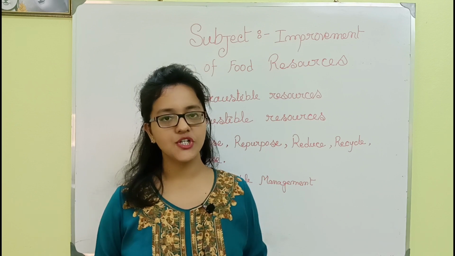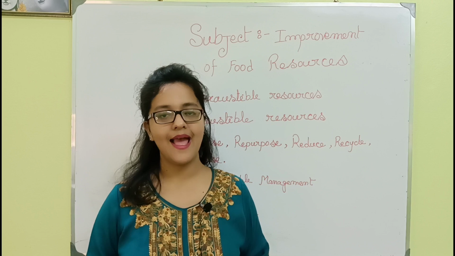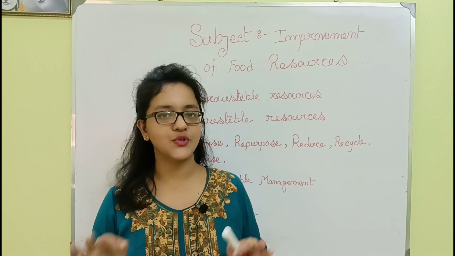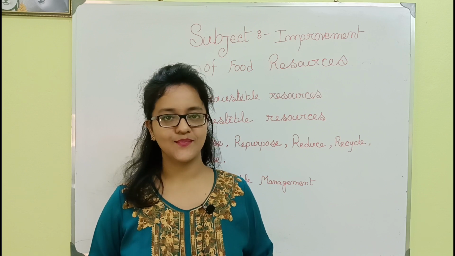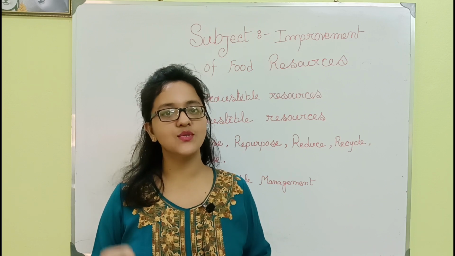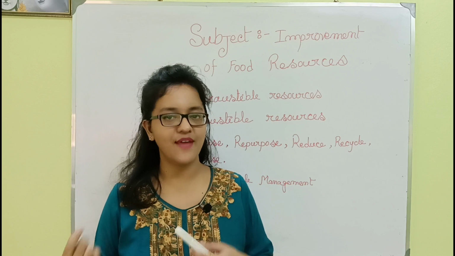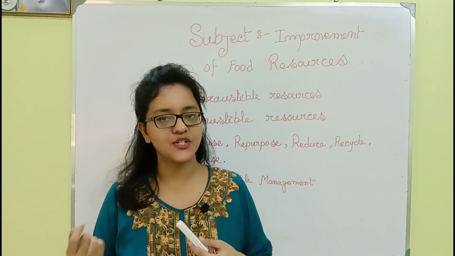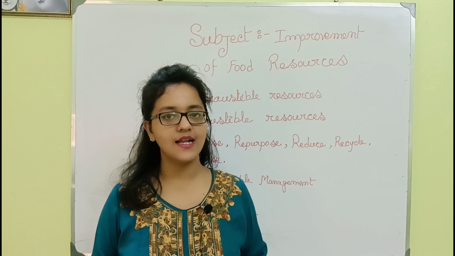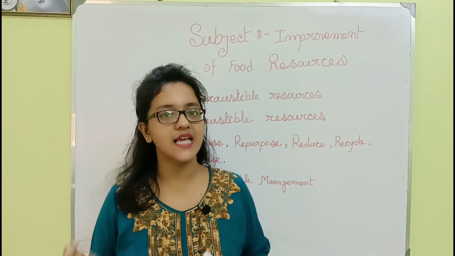So, extra combustion of fuel should be checked, and extra use of coal and petroleum should also be decreased. And this is done by switching off lights and fans, reducing the extra use of electricity, and what else? Reducing the use of CFC.